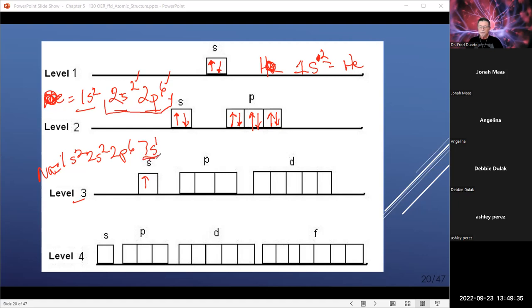Sodium has 11 electrons, okay? And all of them except one are in the inner shells. The 2 of them in energy level number 1, and 8 of them in energy level number 2. And then out there in number 3, you have the 1 electron in the s orbit, okay?